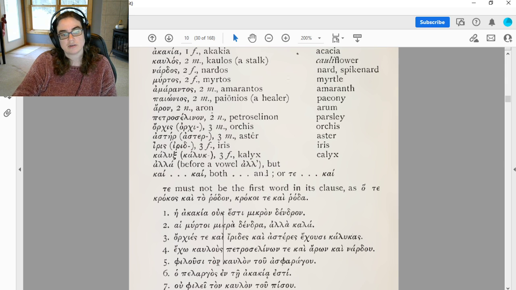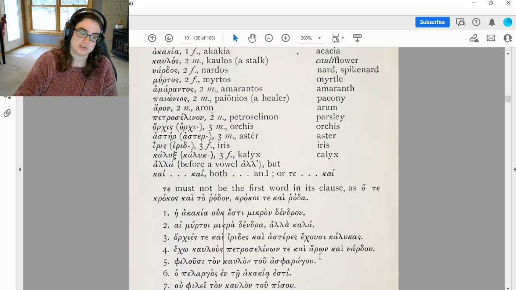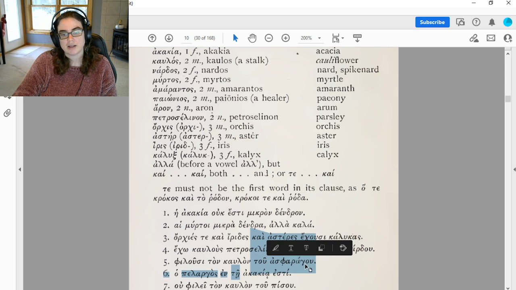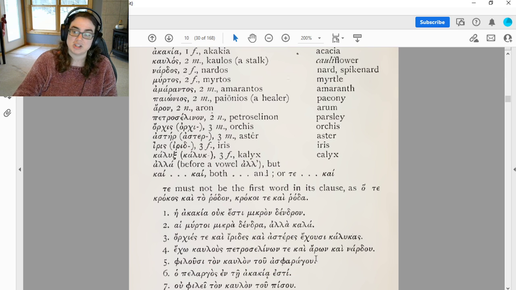Because the n at the end of ton kalon tells me that that's the accusative, so it's going to be the direct object of the verb. And the u at the end of tu asparagu tells me it's going to be the genitive, so it's going to be of.